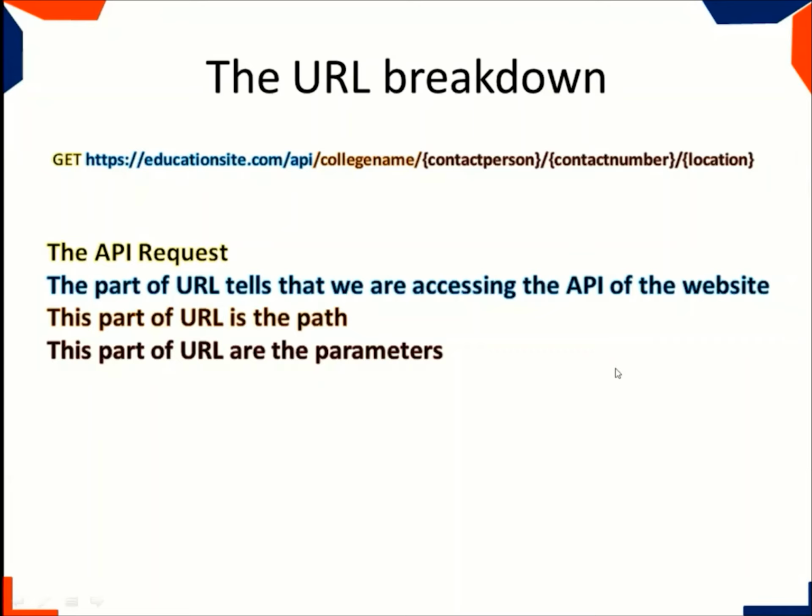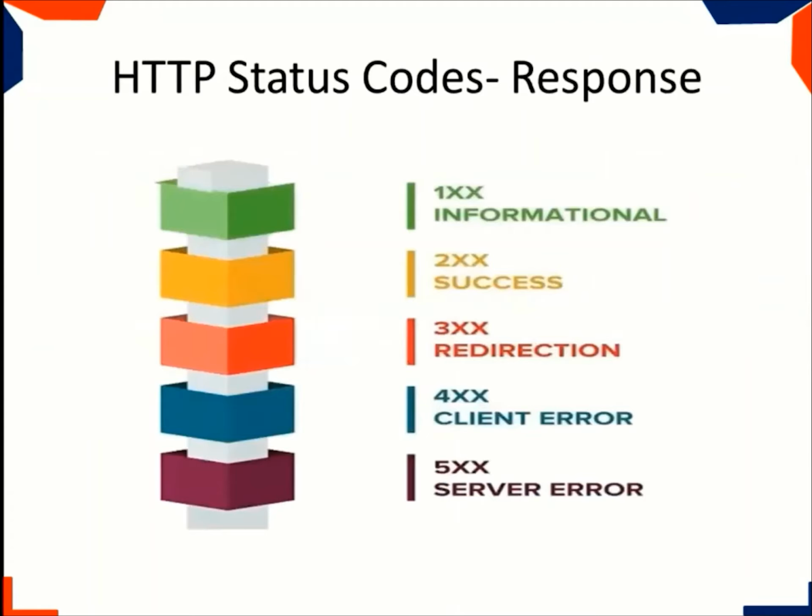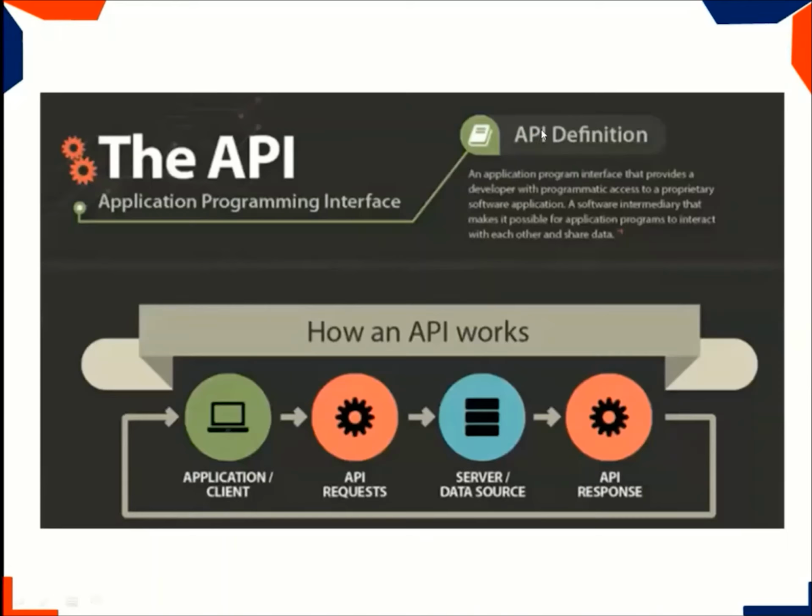Whenever you're asking some site or some setup to bring you the data, I hope this first part is covered. And the next part is what happens once it goes. So this is the response. First you have requested with the URL, it goes to the server, and now the response comes in.